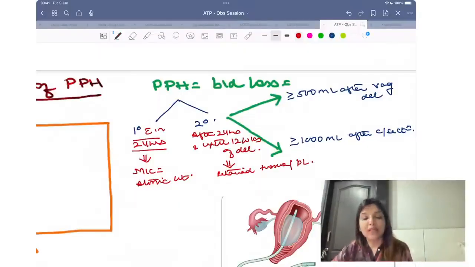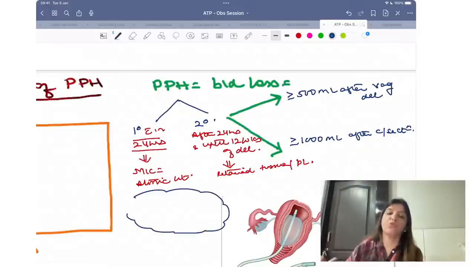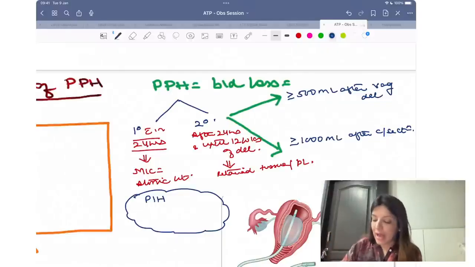Now, please remember, risk factors for PPH are very important. I know most of you will remember polyhydramnios, twins, then multigravida females, all of this you will remember. I want you to remember some of them because there is confusion in these. Please remember PIH. PIH is a risk factor for PPH.